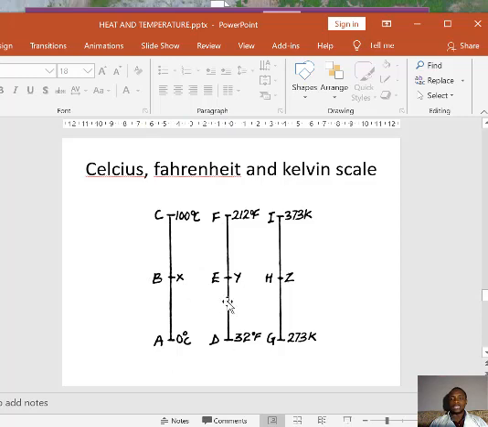The line DEF shows the Fahrenheit scale. The upper fixed point is 212 degrees Fahrenheit and the lower fixed point is 32 degrees Fahrenheit. While for the Kelvin scale, the lower is 273 Kelvin, while the upper is 373 Kelvin.